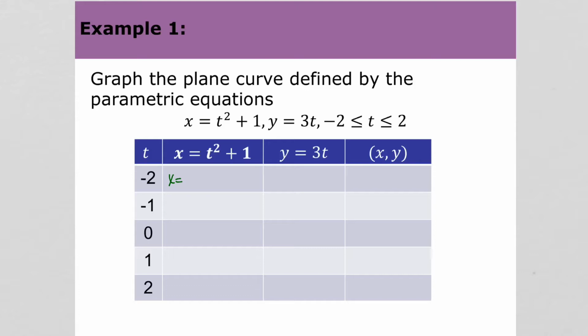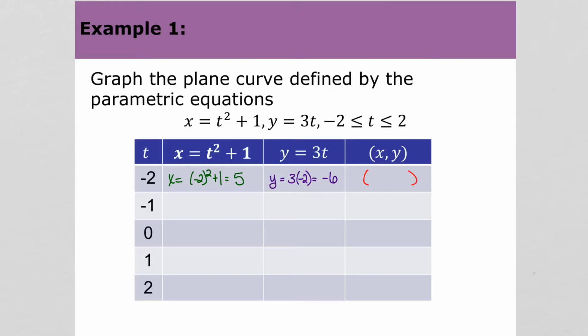T is -2. And -2 squared plus 1 is 5. Then we come over here, and for y, we also plug in -2 for t. That gives us -6.